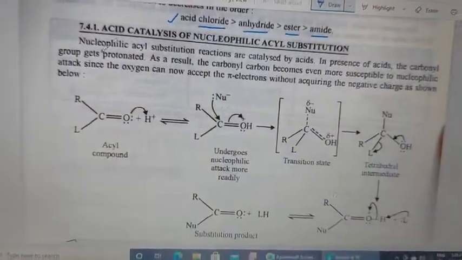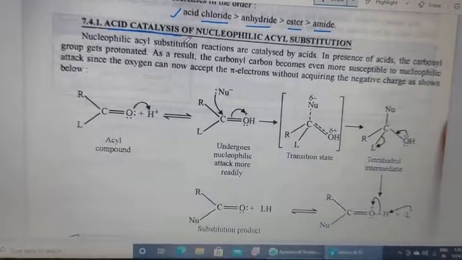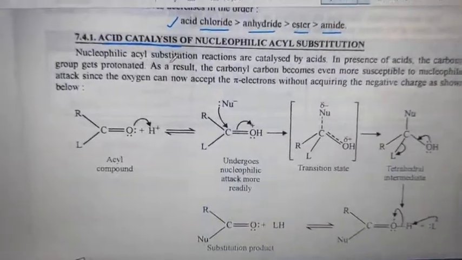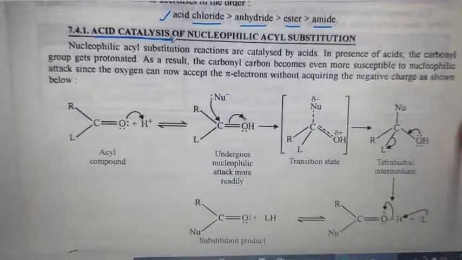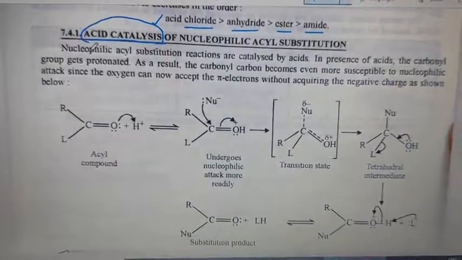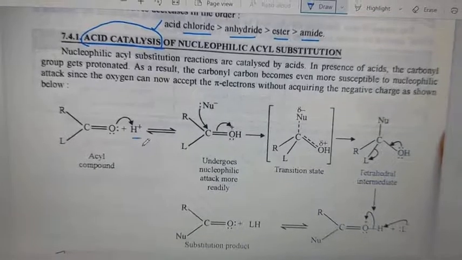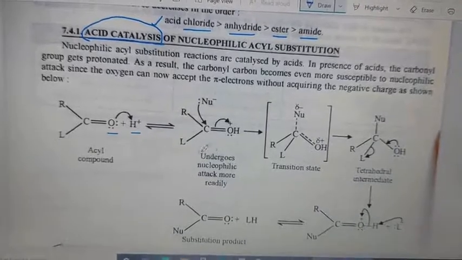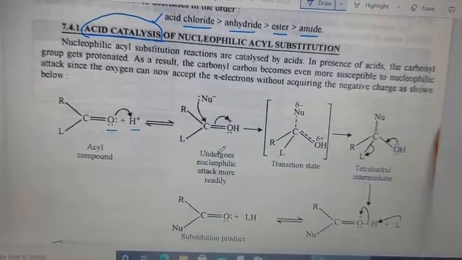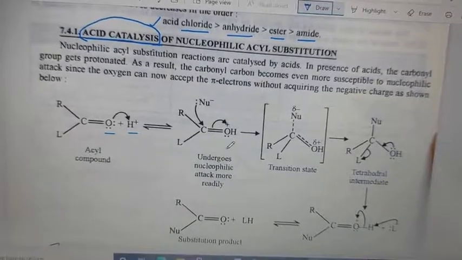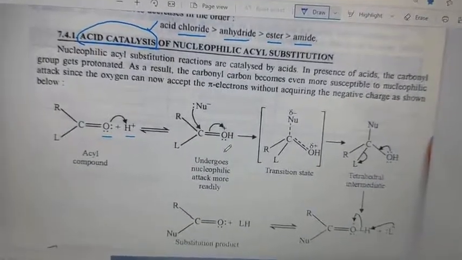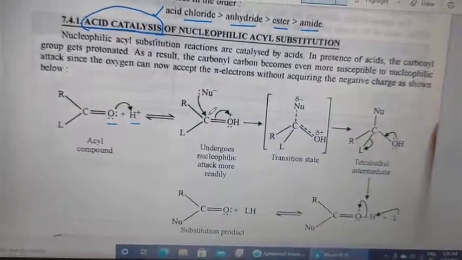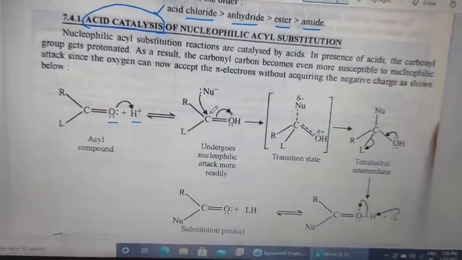Next comes acid catalysis of nucleophilic acyl substitution, meaning reaction in the presence of acidic conditions. In presence of acid, the carbonyl oxygen accepts a proton and forms protonated acid derivatives. Because of this protonation, the oxygen acquires a positive charge and attack of the nucleophile is easier as compared to the absence of acidic conditions.